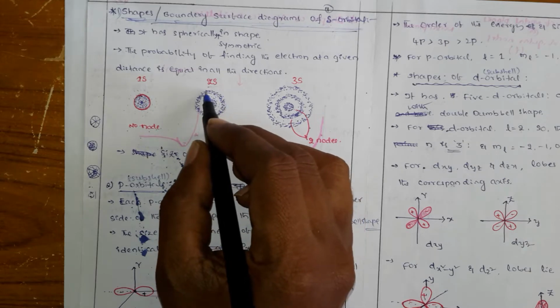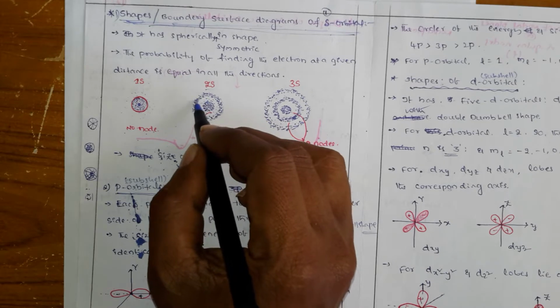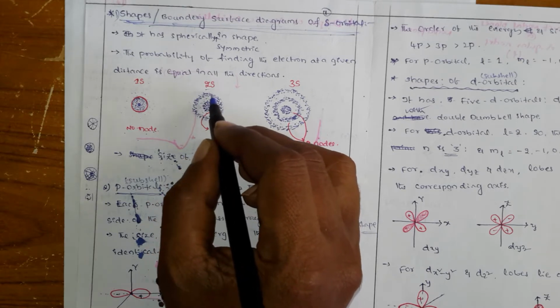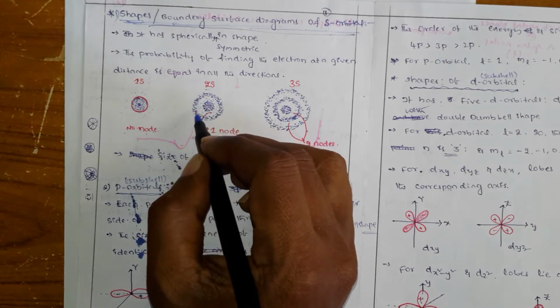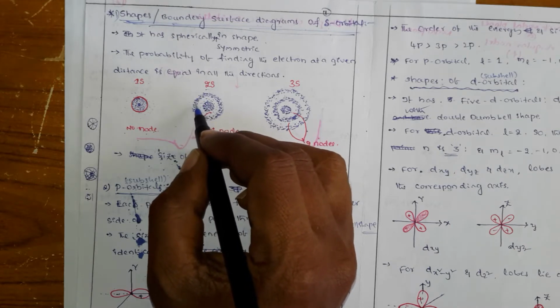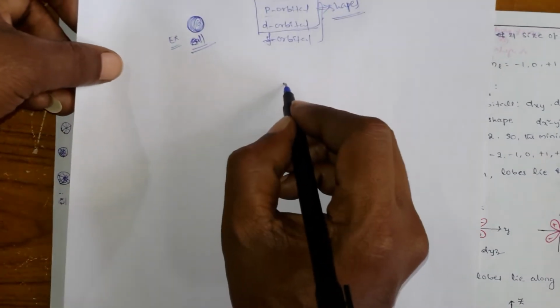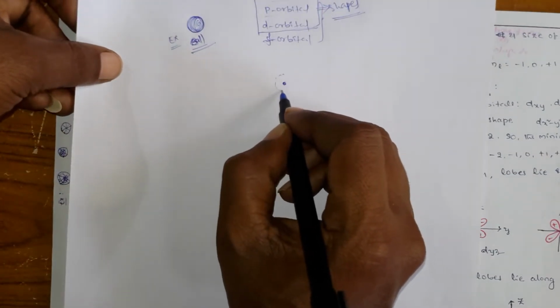The 2s electrons revolve around the nucleus like this, but not in a particular path. Sometimes here, sometimes here, they can move like this. If this is the nucleus, this is about the 1s.